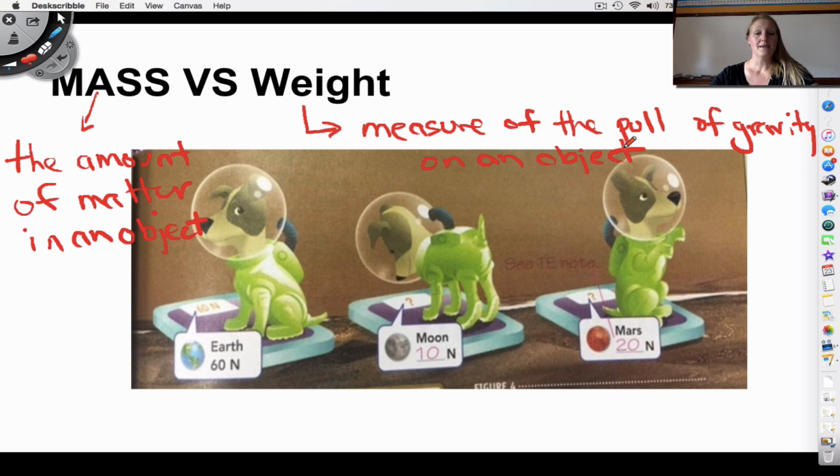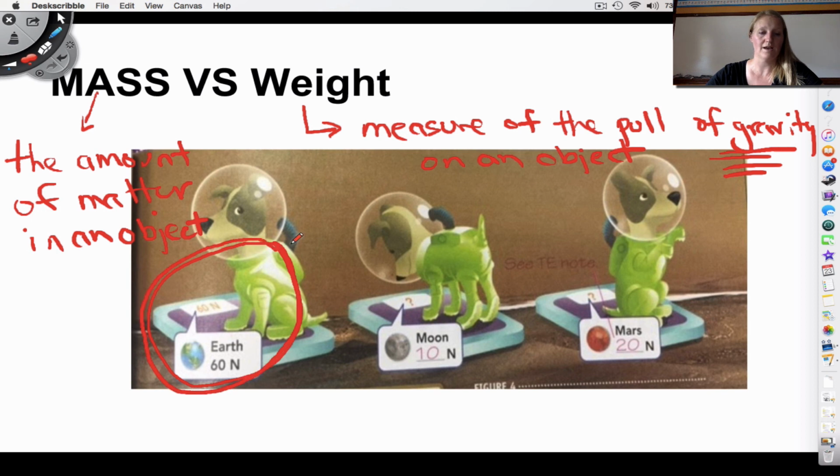What that means is, because gravity is different on different planets, as it turns out, Earth has the same gravity; there's no change in the gravity on Earth. On Earth, the force is about 60 newtons, is what this sign is saying.